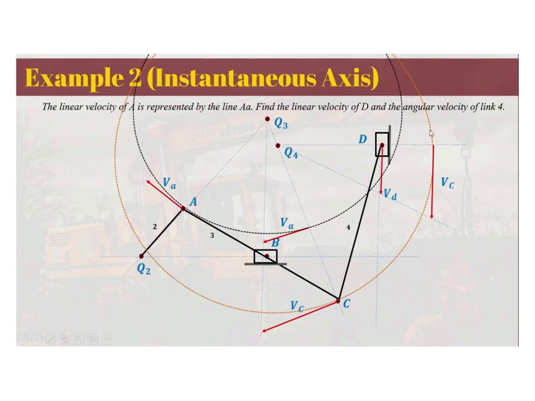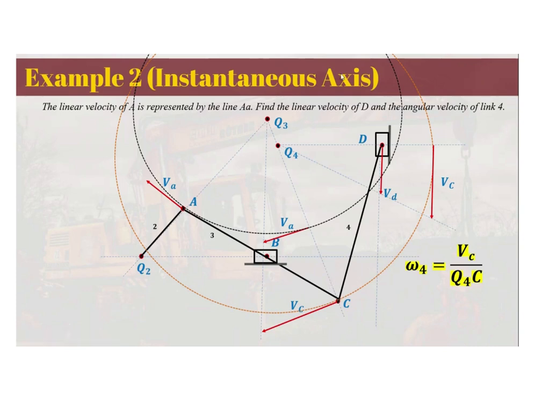So to find the angular velocity of link 4, we will use the formula for the angular velocity of 4, that is the velocity of C. Since all these links here are of the same angular velocity, we can use the centro Q4. So the velocity of C divided by the distance, or the radius, Q4C.